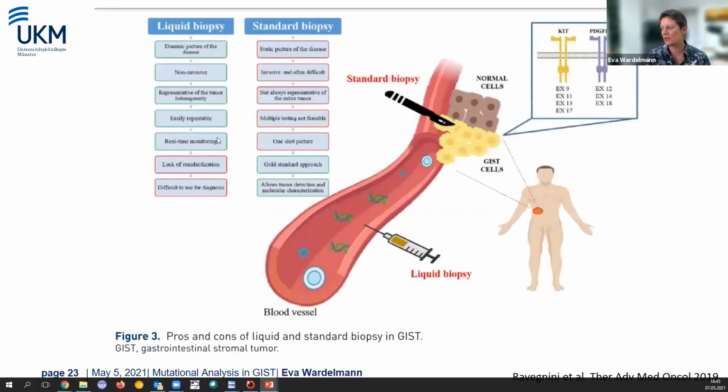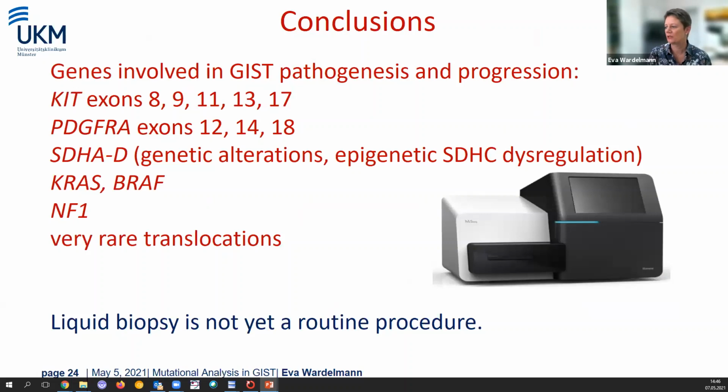And on this slide, there are different issues why this is not the gold standard yet. We have as a gold standard still the tissue sample. If we want to know, for example, is there a secondary resistance? Do I need a new mutation analysis and so on? These are the genes that are important. To briefly sum that up: very rare translocations, and liquid biopsy is not yet a routine procedure.